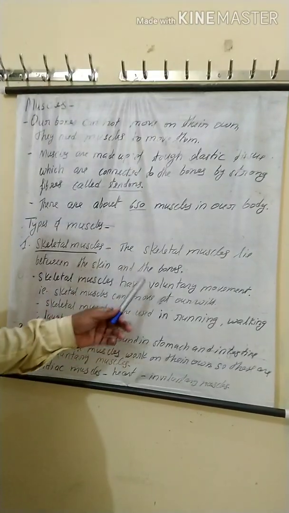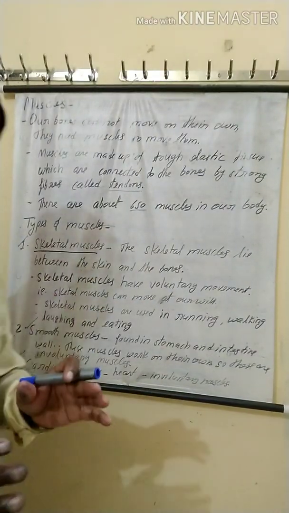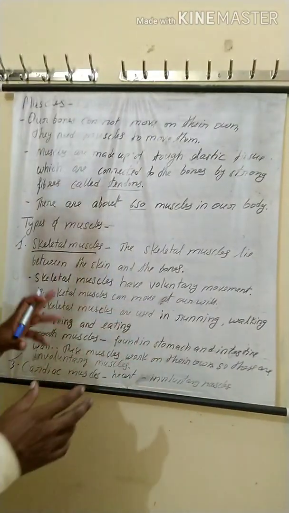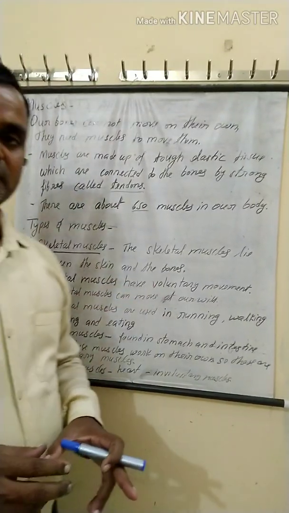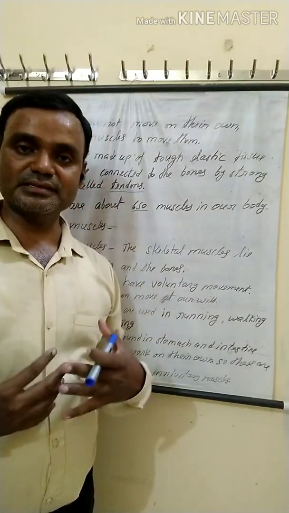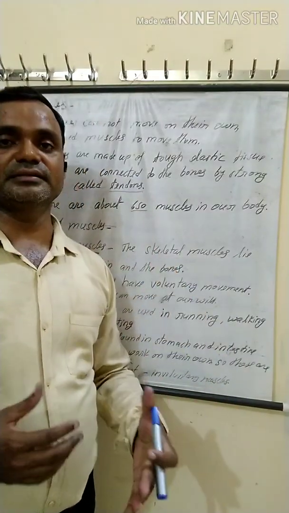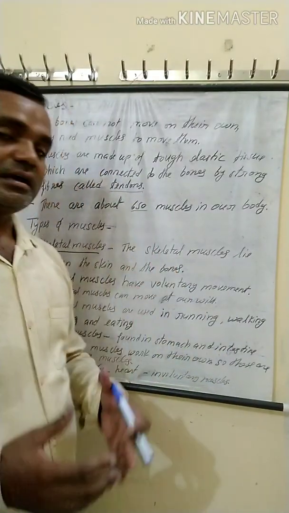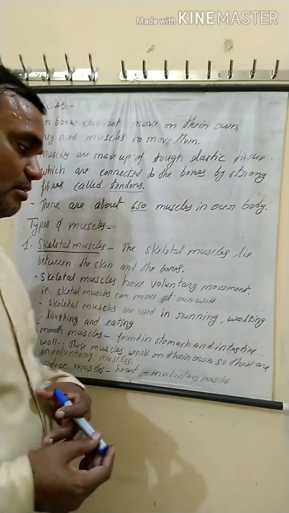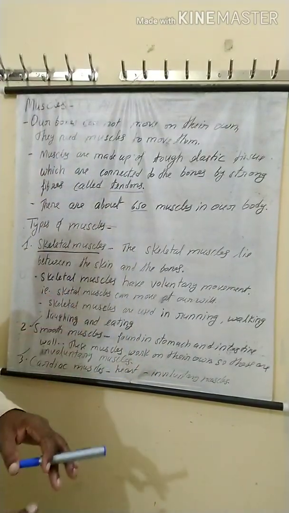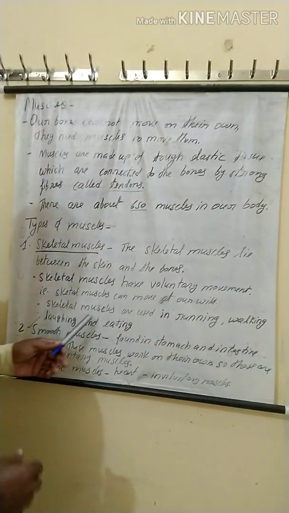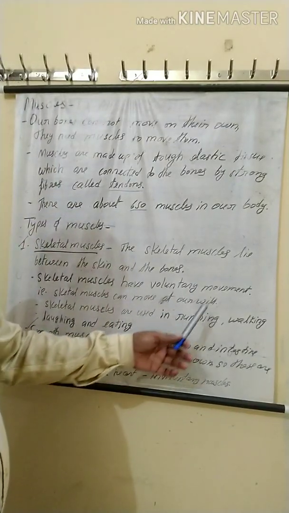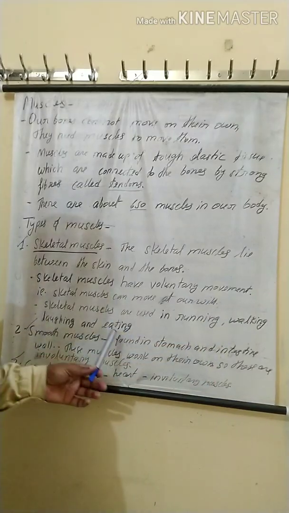Skeletal muscles have voluntary movement. Voluntary movement means skeletal muscles can move at our will. Whatever way we want, we can move them. Such muscles are called voluntary muscles. Skeletal muscles are used in running, walking, laughing, and eating.